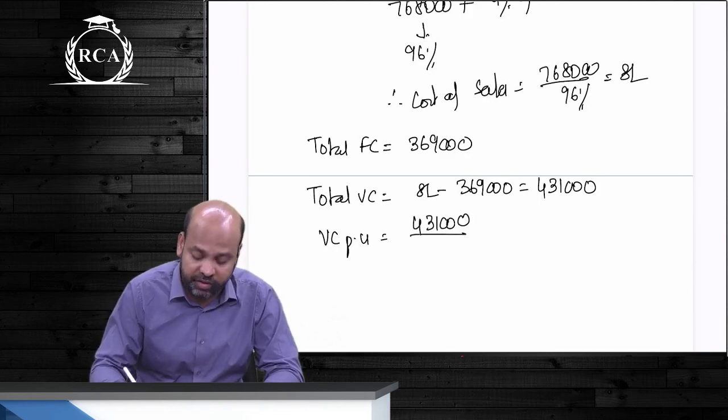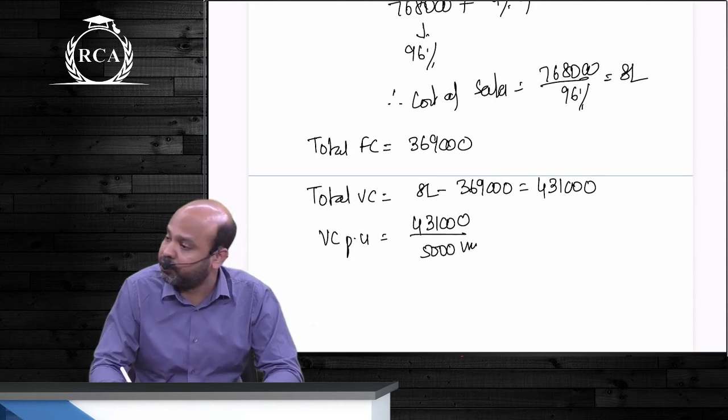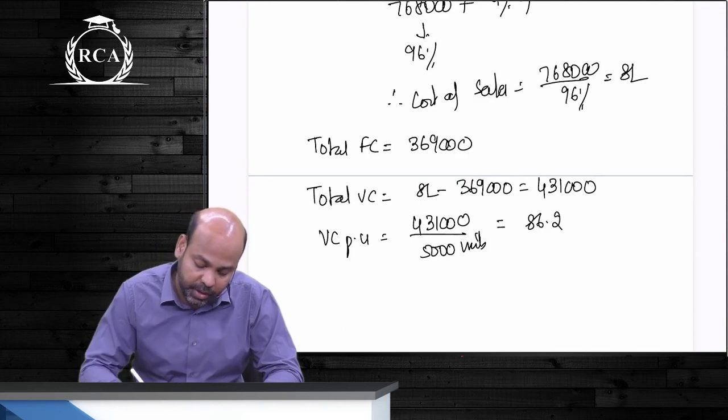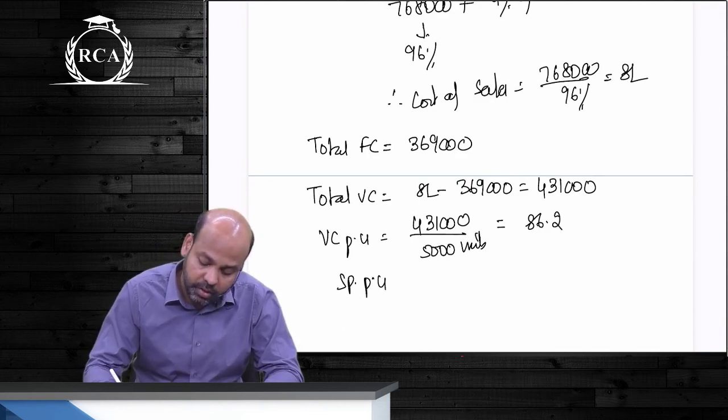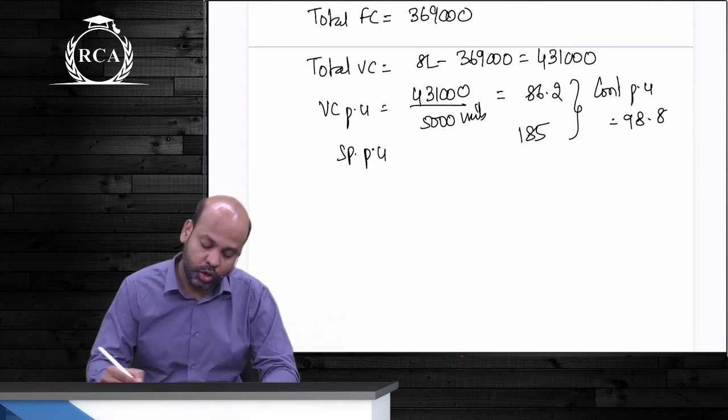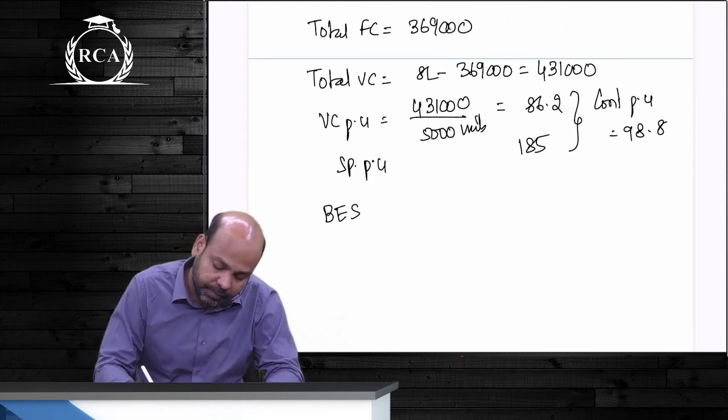How many units did we sell last year? 5,000. 4 lakh 31 by 5,000. What was the selling price per unit, beta? 180. Contribution per unit 98.8. What do you think, beta, will be your break-even sales?